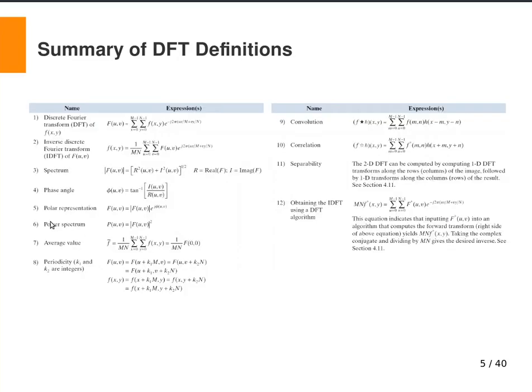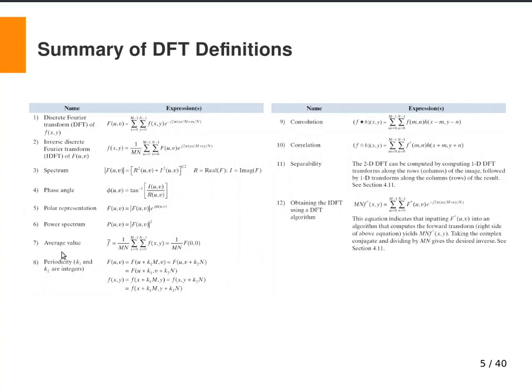Then last time we went over a summary of all the DFT definitions. We talked about the forward DFT and the inverse DFT for 2D images. We had the definitions for the Fourier spectrum, the phase angle, the polar representation of the Fourier transform, and the power spectrum. These were the basic definitions that we had for the 2D discrete Fourier transform.